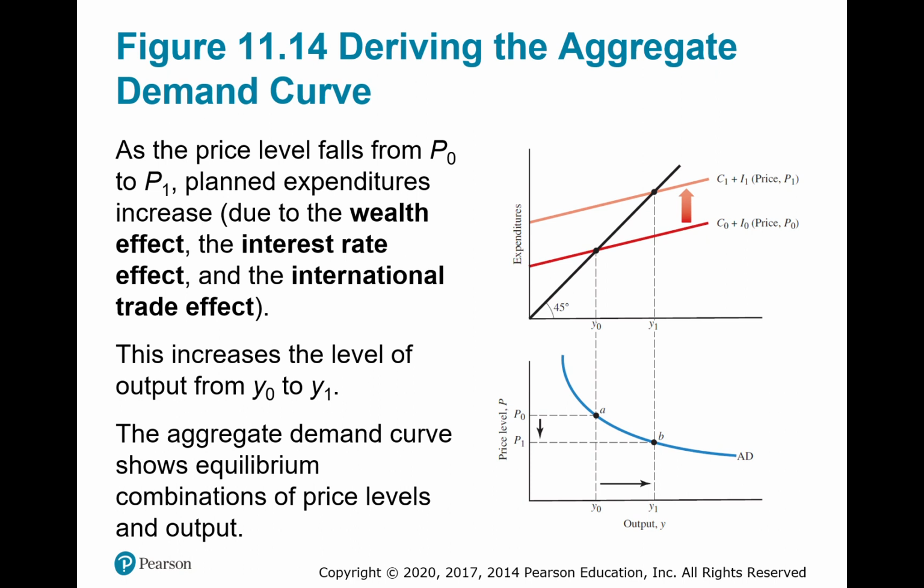We spend. This is due to the wealth effect, the interest rate effect, and the international trade effect. We get a new income, interest rates fall, and international trade, we're exporting left and right. This increase allows the level of output to shift from its original to the new level to the right.